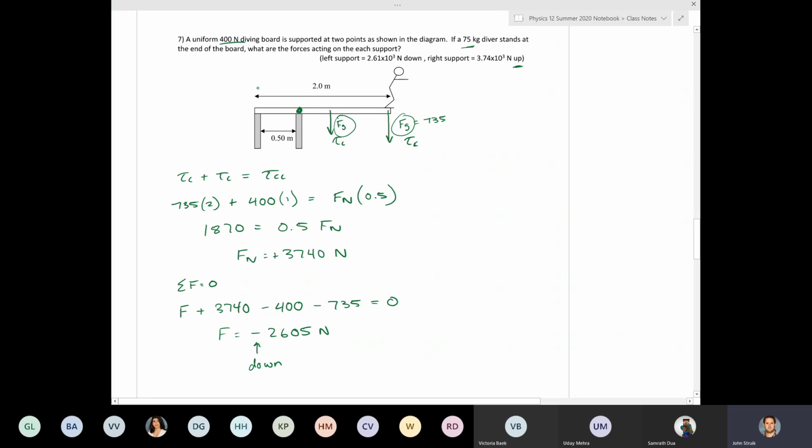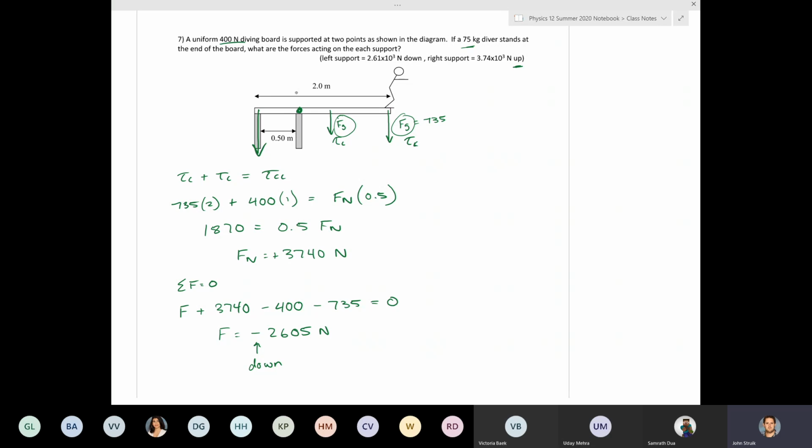If it was going upwards, that would cause a clockwise torque, and then I would have 3 clockwise torques, and that wouldn't work. So that means there has to be a force pulling the board back down. That's how you know it has to be going down. Hopefully that makes sense.